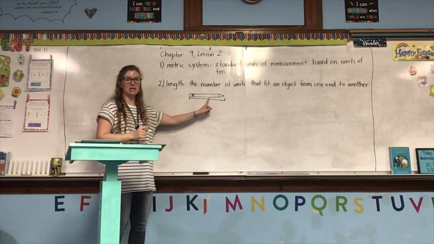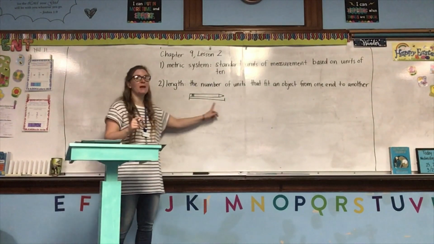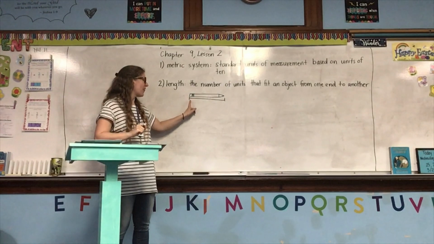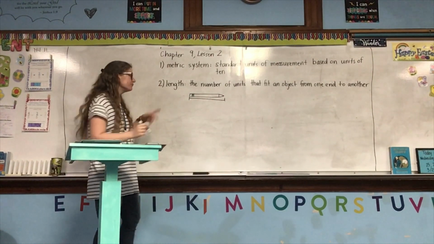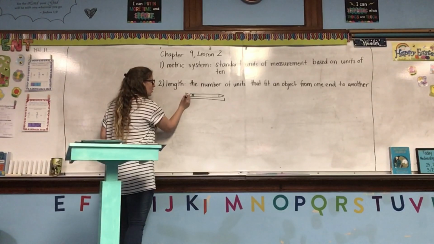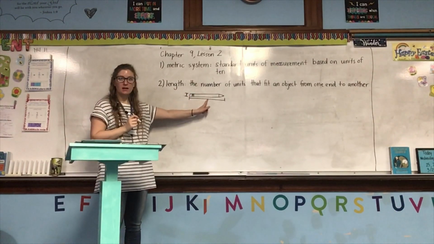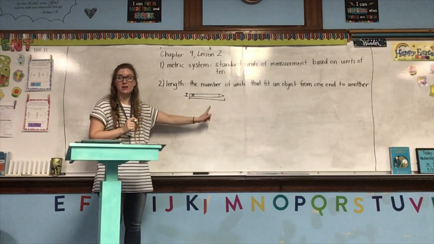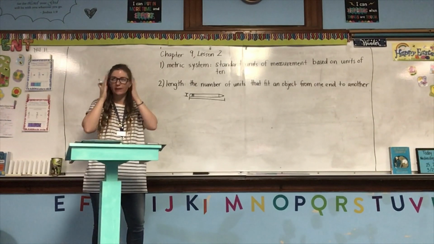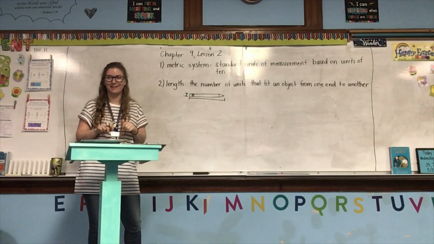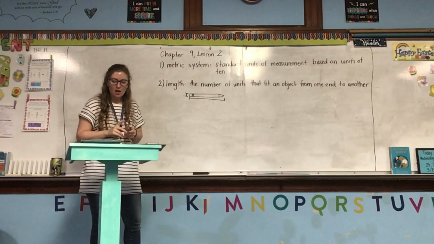That's how many units fit from one end to the other. The width would be this right here, measuring across this pencil. Now, it would be really hard to measure the width of a pencil, but that's the first thing that came to my mind. So you would normally measure the width and the length of something larger.